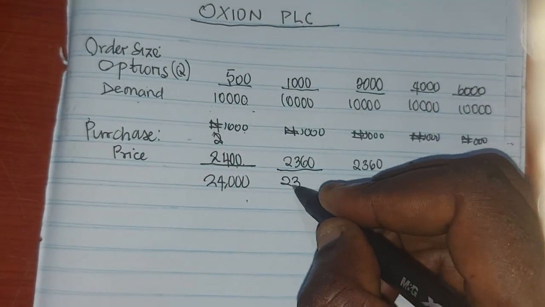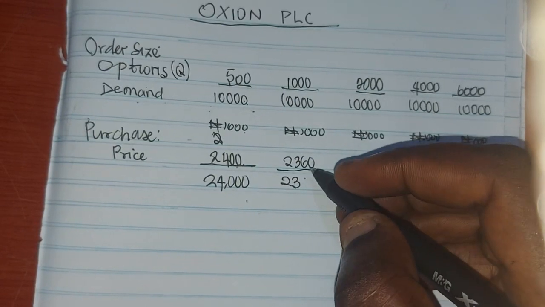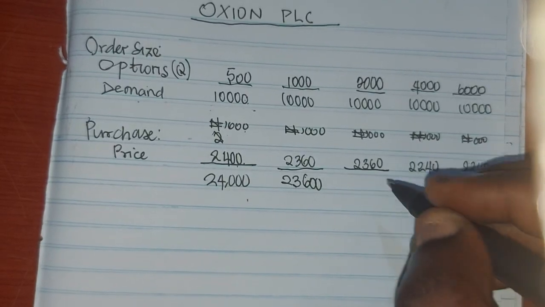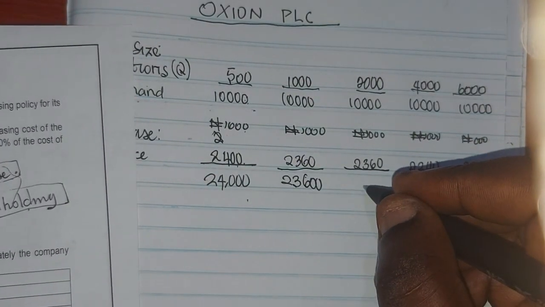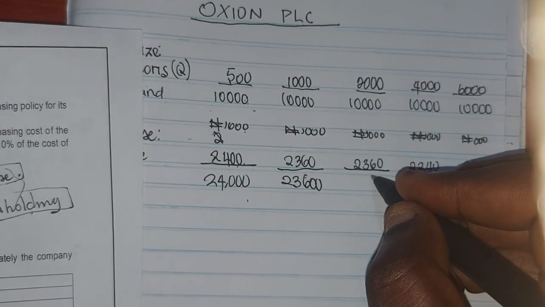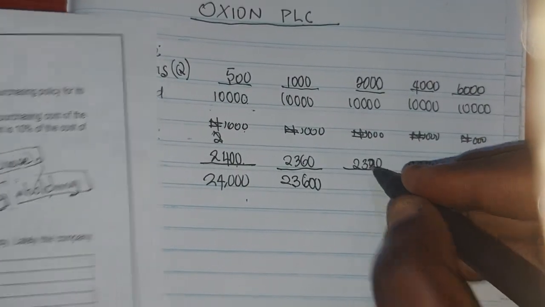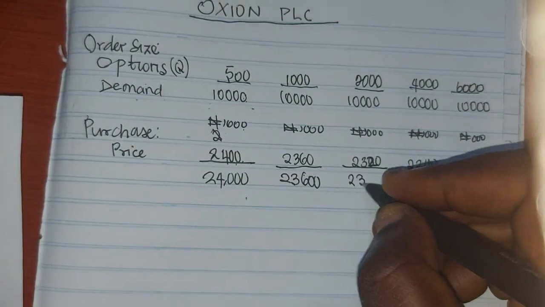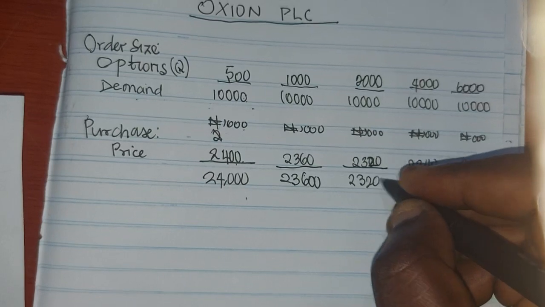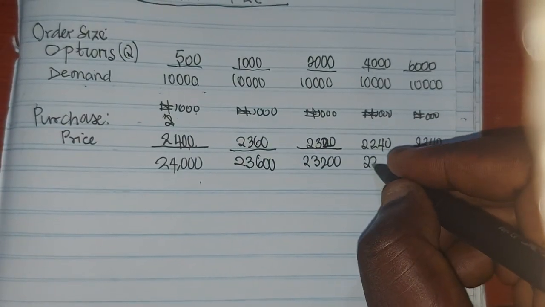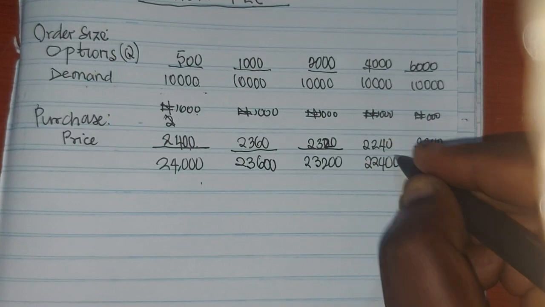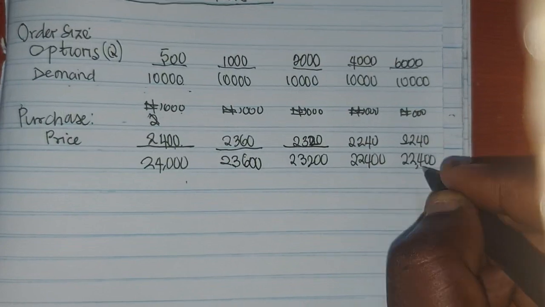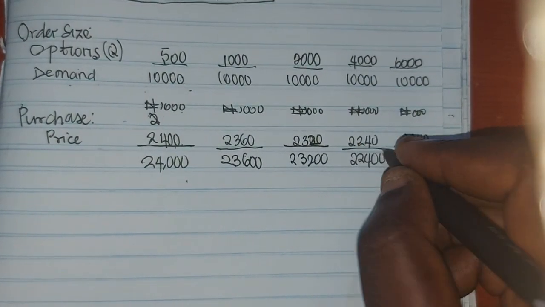This is going to give you 23,600, and for 2,000, with 2,320, this will give you 23,200. Then this will be 22,400, and this is also 22,400. That's 22,400,000.